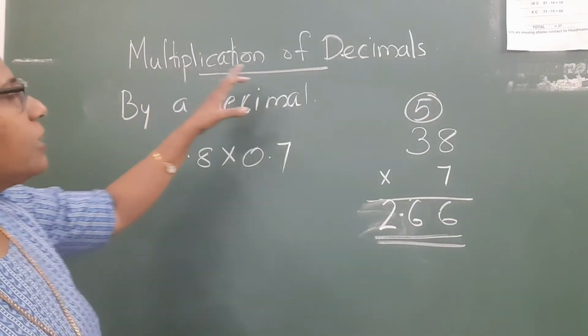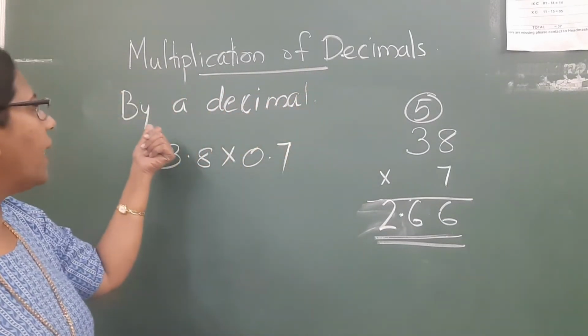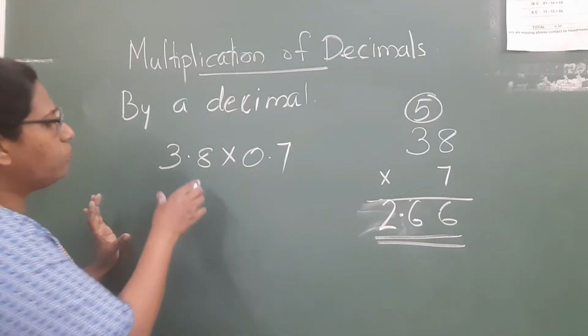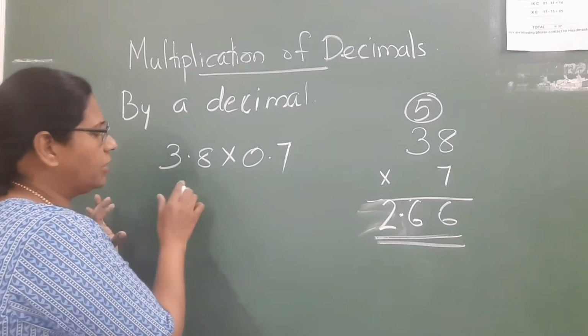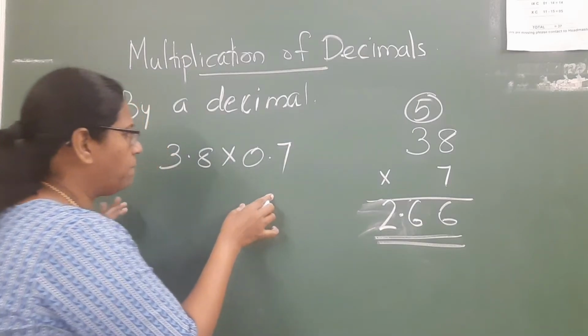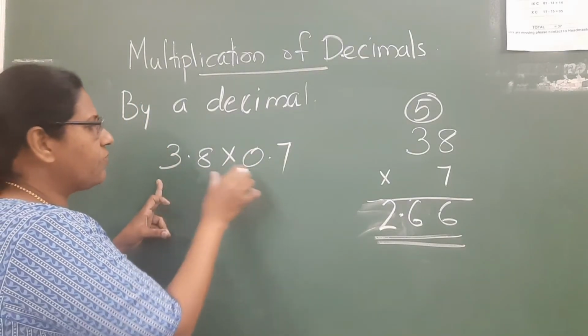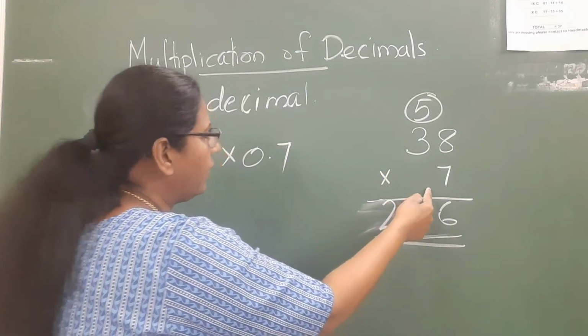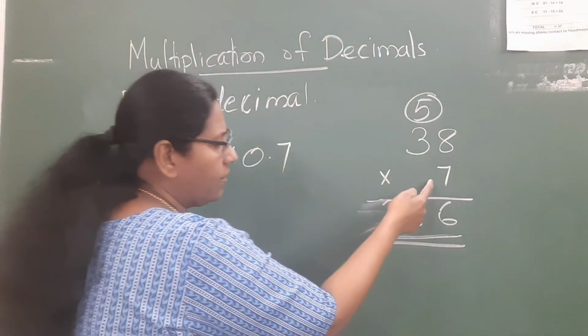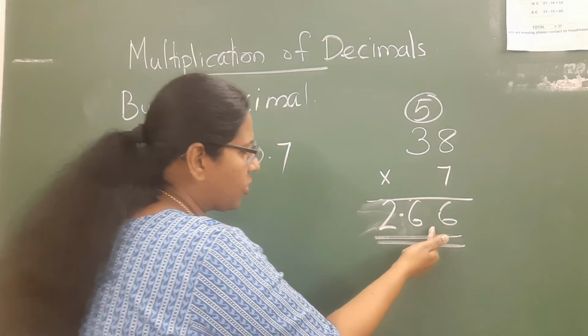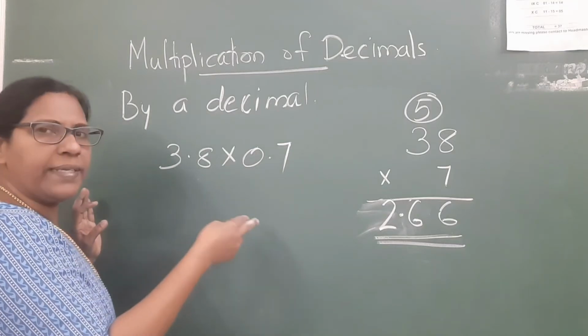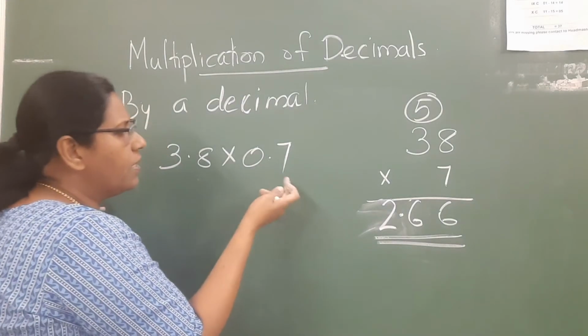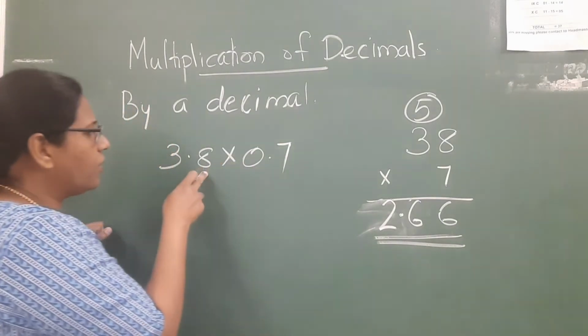Once again, multiplication of decimals by a decimal. Here in both the numbers there are decimals, multiplicand and multiplier. So these decimals first we ignore and we write the number 38 into 7. After doing the multiplication, we have to see after how many places the decimal point is there. So here 1 and here also 1.